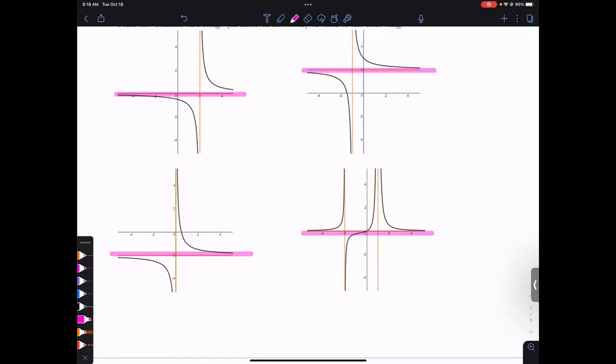Now the answer to what the end behavior looks like might be up and down, or it might just be that they're level, going out horizontally to the left and right. And if that's the case, then we also need to say where. So here the ends are level, flat basically at y equals 2. Here they're level or flat at y equals 0.